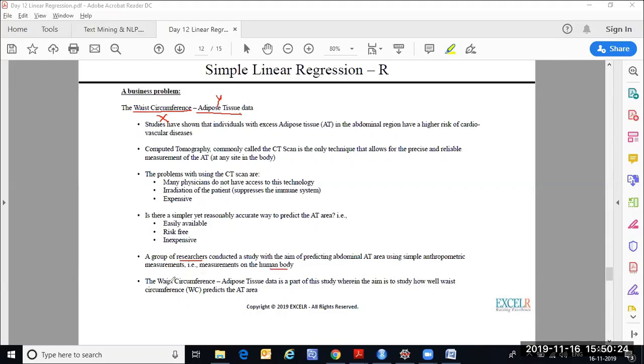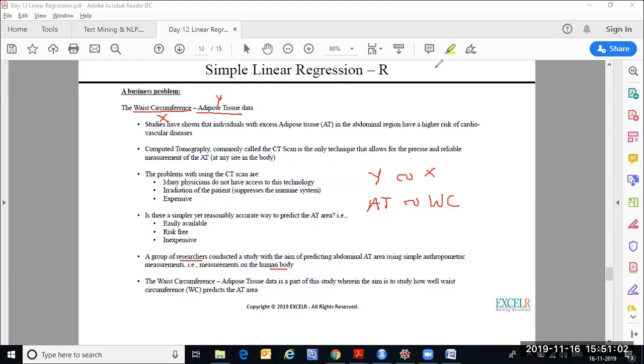The waist circumference is found to have the highest influence in terms of predicting this adipose tissue, right? So you need to predict Y using X. You need to predict the adipose tissue value by using waist circumference, right?